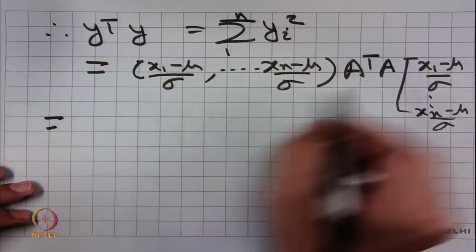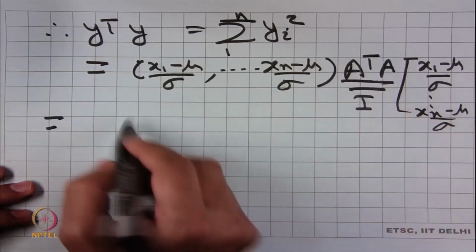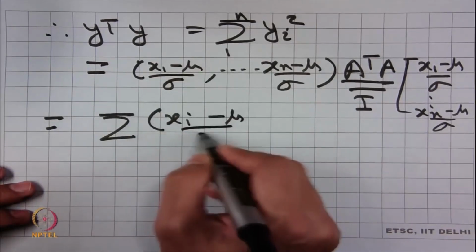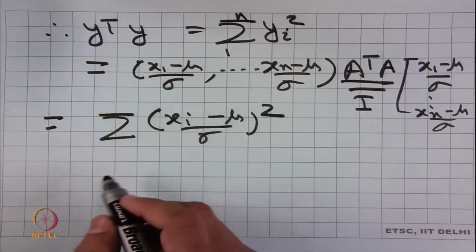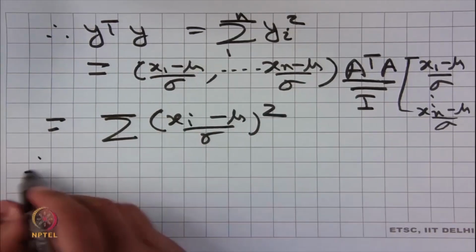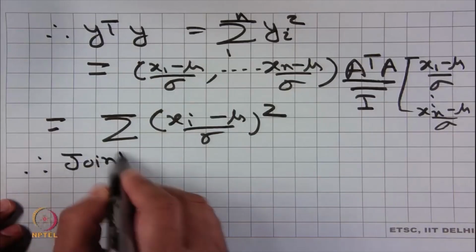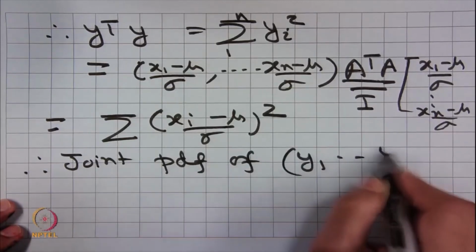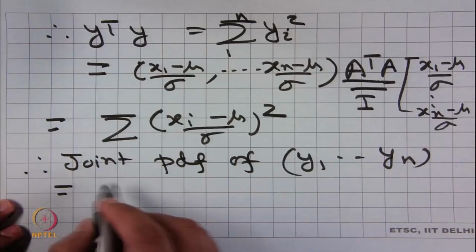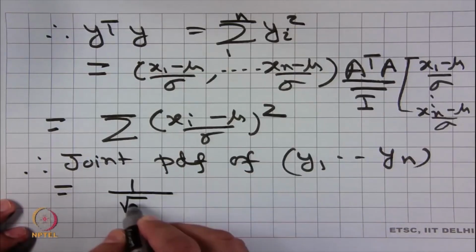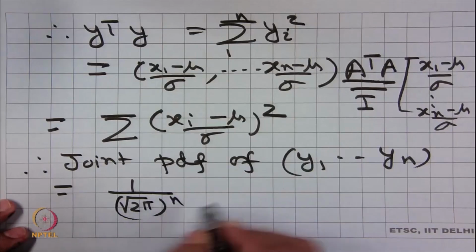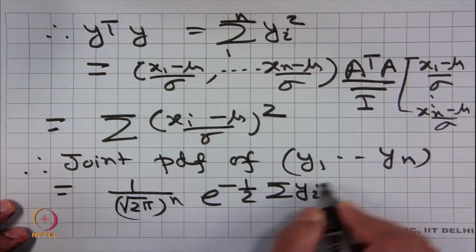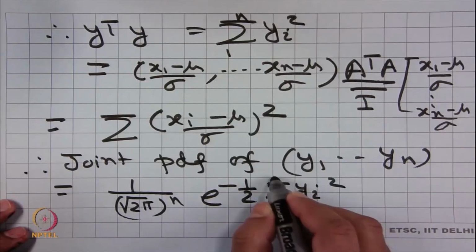Since A transpose A is identity, this is equal to sigma ((xi minus mu) upon sigma) whole square. Therefore, the joint PDF of y1, y2, yn is equal to 1 over root over 2 pi whole to the power n, e to the power minus half sigma yi square, i equal to 1 to n.